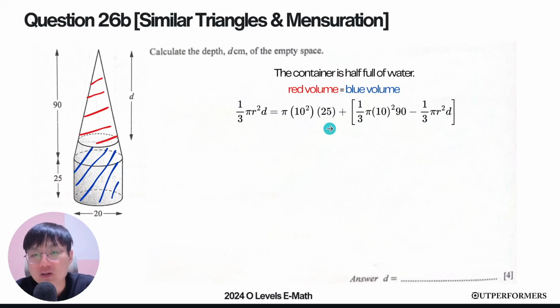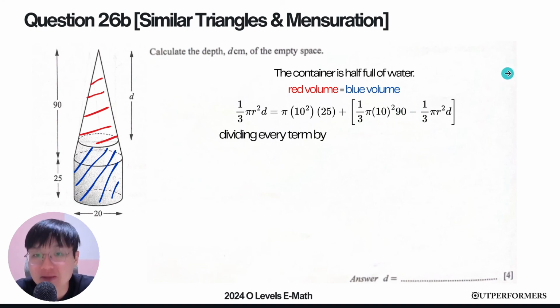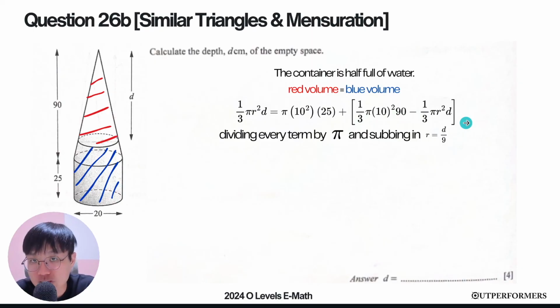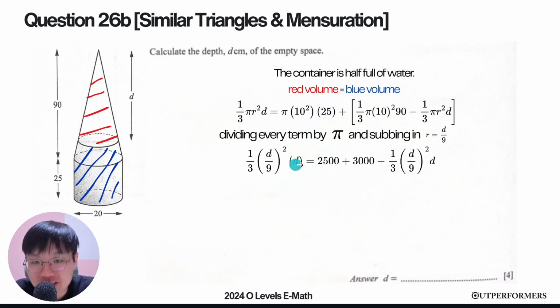Across the board, it may look very complicated at first, but we can divide every term by pi. You can see every term has a pi over here. And we're going to proceed to sub in our similar triangle ratio here, r equals d over 9, because r is something we formed on our own. Let's not use r already. Because of that, you will be able to find the value of d.